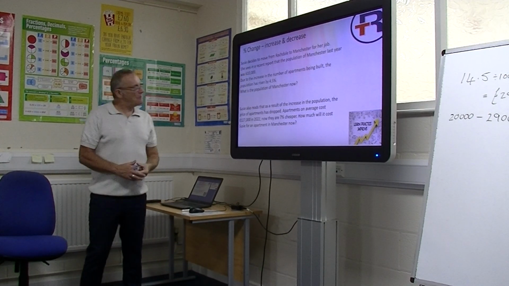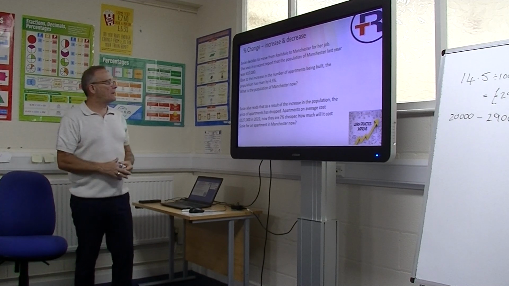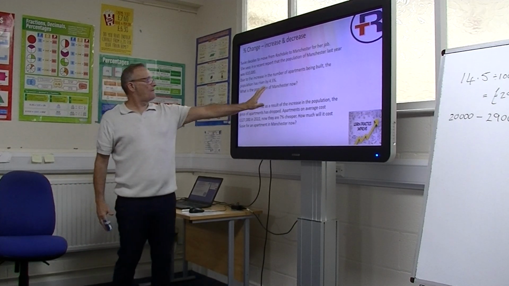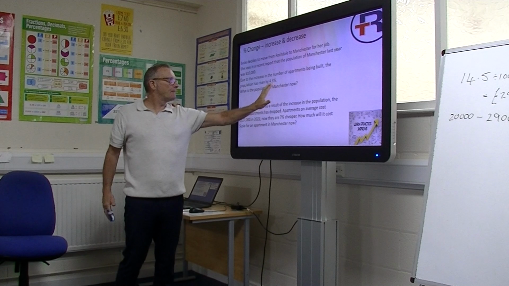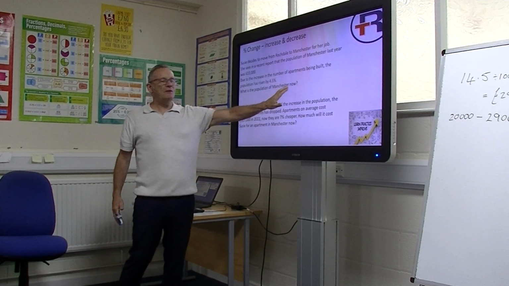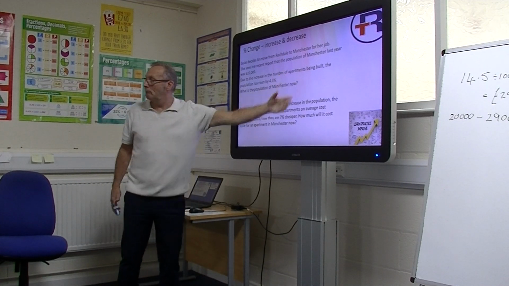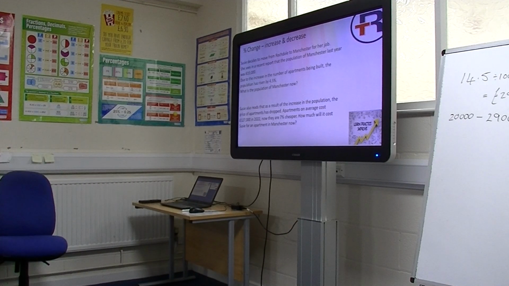Due to the increase in the number of apartments being built, the population has risen by 4.5%. So what is the population of Manchester now? It's a lot of words. There's only two numbers, and that's what you need.